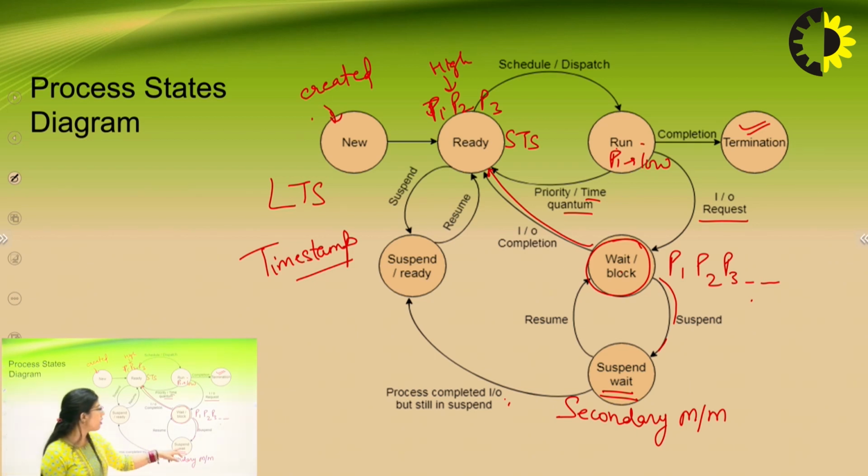And if the process in the suspend wait state has not completed its IO request, then after some time, when this queue gets some space, the process will resume its execution and get completed. So this is how the whole process states change during execution.